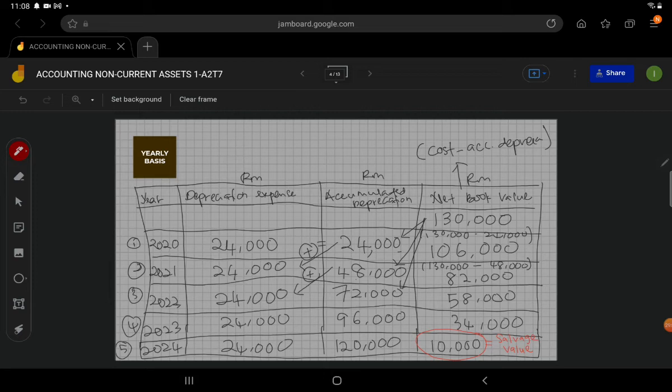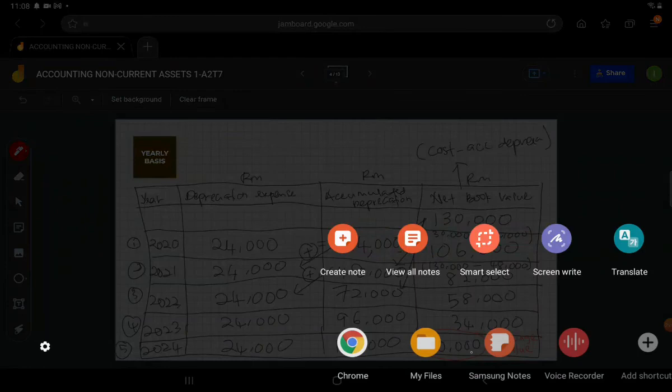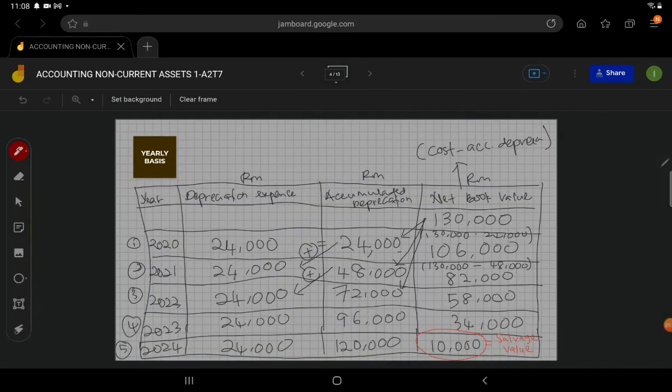Okay, itu mesti. Kalau net book value at the end of the useful life dia tak sama dengan salvage value, apa yang kita perlu buat? Kita kena buat adjustment. Right? Okay. You have to remember that. Okay. This is for yearly basis. Alright.